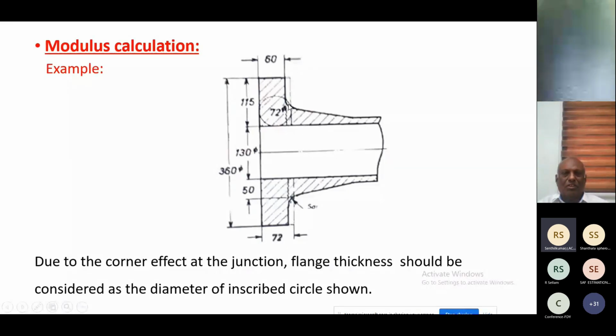So we have to draw an inscribed circle to offset the effect of the corner. Here it is inscribed, slightly larger than the thickness, it is 72 millimeter. Due to the corner effect at the junction, flange thickness should be considered as the diameter of the inscribed circle shown. We can consider it as a bush which we have shown in the table.